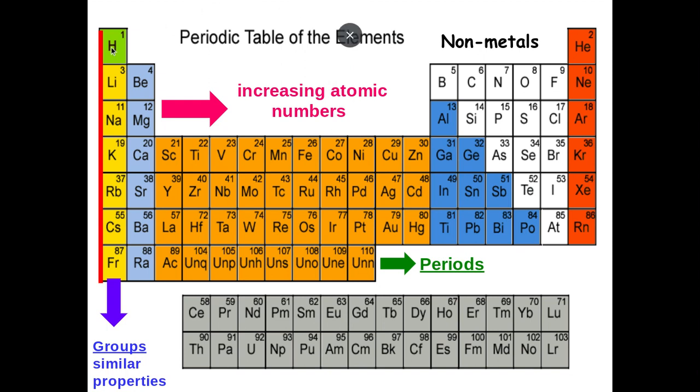For example, you can have group 1 right here, where my arrow is. All of these elements, hydrogen, lithium, sodium, potassium, rubidium, cesium, and francium, are organized based on similar properties. And that similar property in this case is that these elements are very, very, very reactive.